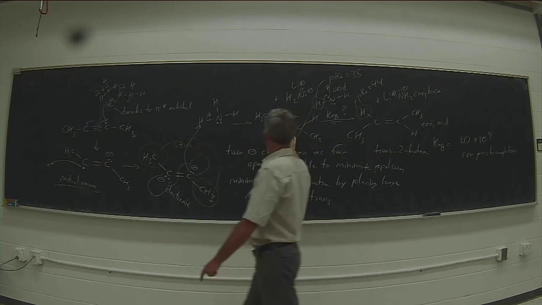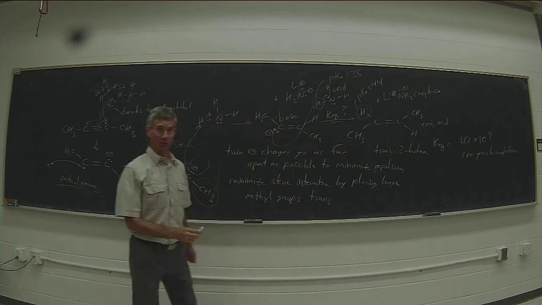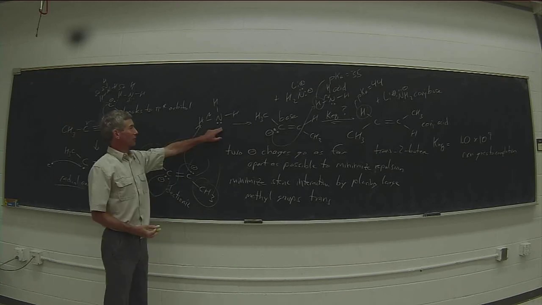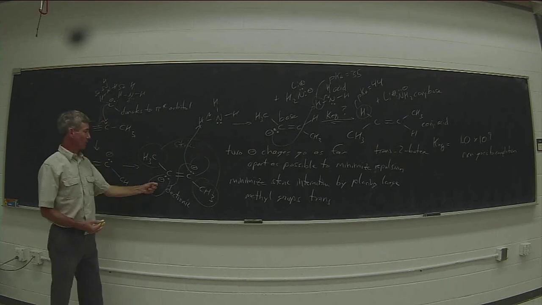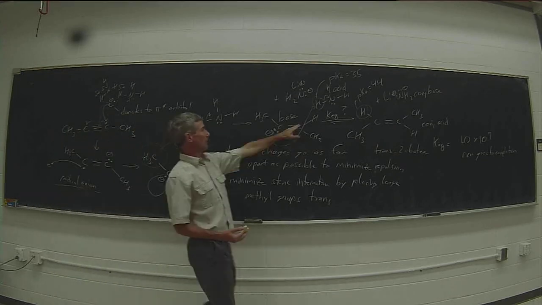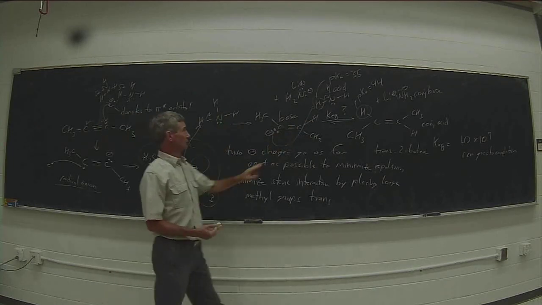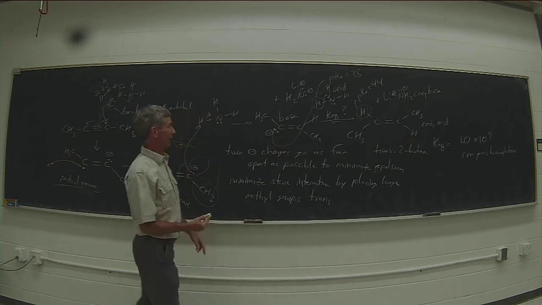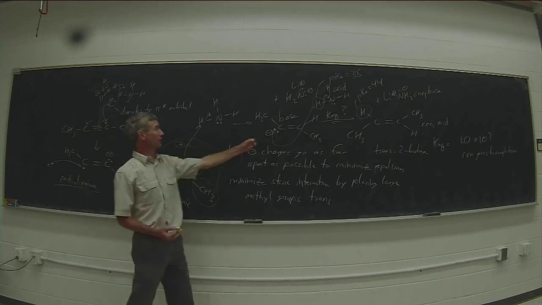The alkenyl anion is a stronger base than amide ion. Amide ion is a strong base, but the alkenyl anion is even stronger. It's not possible to calculate the equilibrium constant for this first reaction because we don't know the pKa of this hydrogen on the alkenyl anion, but we can assume that it's higher than the pKa of the hydrogen on the neutral alkene. We can assume that the dianion is a significantly stronger base than the monoanion.